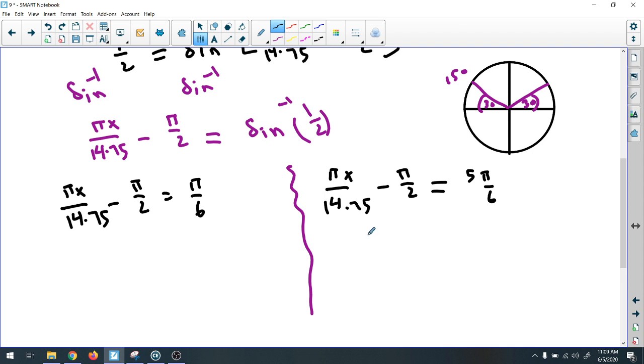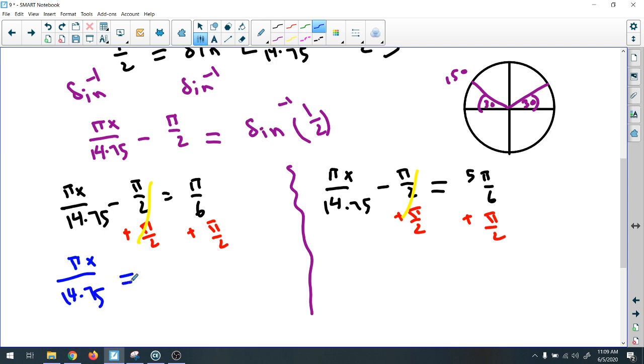So the plan is to eliminate pi over 2, so we add pi over 2 to both sides. Here it cancels out, and what's left is pi x over 14.75 equals pi over 6 plus pi over 2.